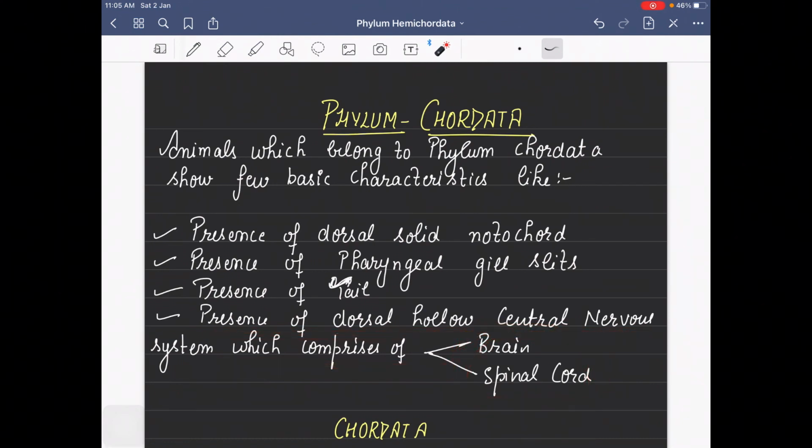So animals which belong to phylum Chordata, once in a lifespan they should have these: dorsal solid notochord, pharyngeal gill slits, a tail, and a dorsal hollow central nervous system consisting of brain and spinal cord. These are the basic characteristics of any member of phylum Chordata.